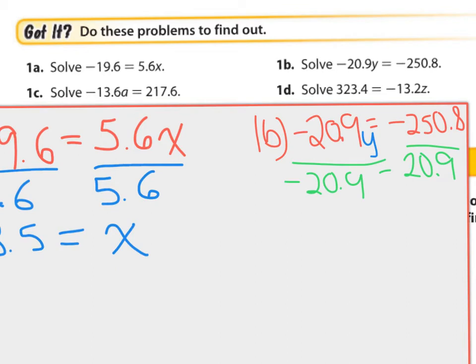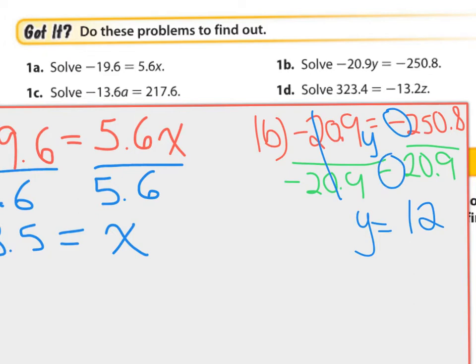Notice this sign did not change. The value of the number remains as negative. And that leaves me with a y on this side, because negative 20.9 divided by negative 20.9 is positive 1, and positive 1 times y is y. Y equals 12. Remember, negative divided by negative is positive.